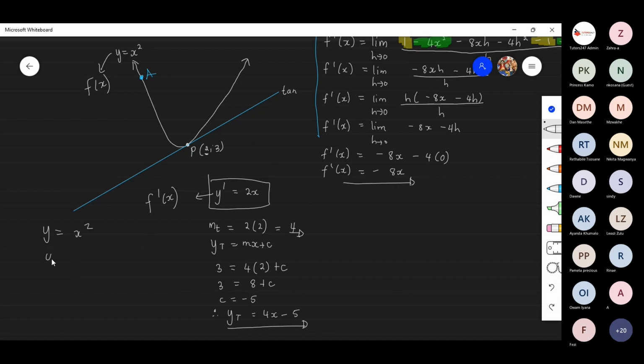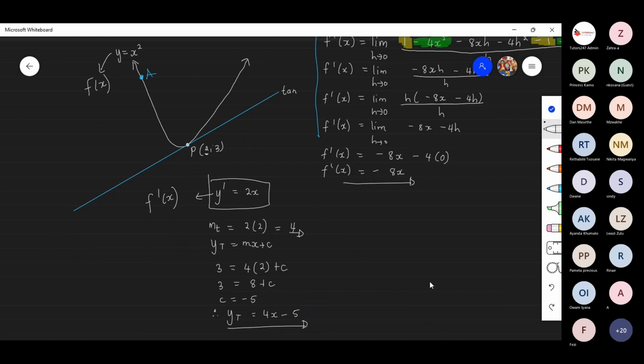All you have to do is multiply the exponent by the coefficient, 1 times 2, and subtract 1 from the exponent, and that's it. That's just 2 steps. Also, any constant is 0. So basically 3 steps. But let us not focus on that for now. We'll have a look at that in next week's class.